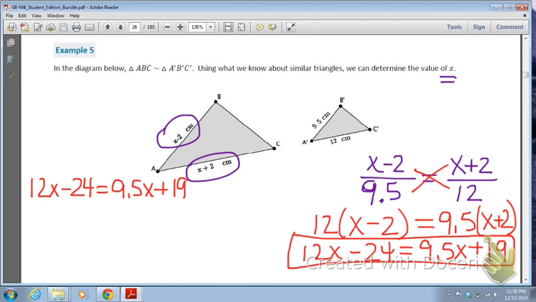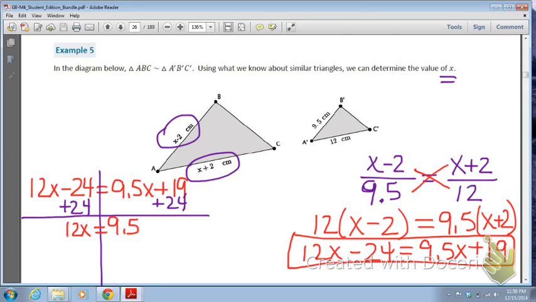Okay, so I've got this new equation over here, and I'm going to start by adding that 24 to both sides, working on getting x by itself. So now I've got 12x, because the other part became 0. 12x is equal to 9.5x plus 43.